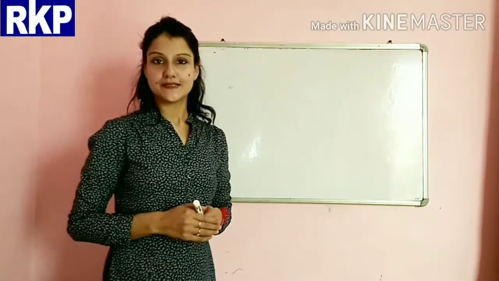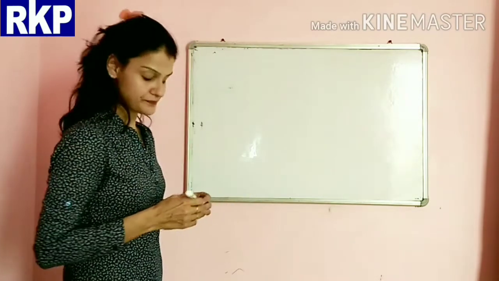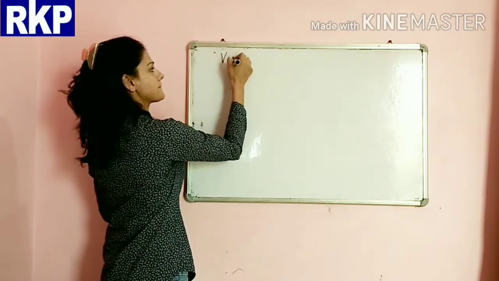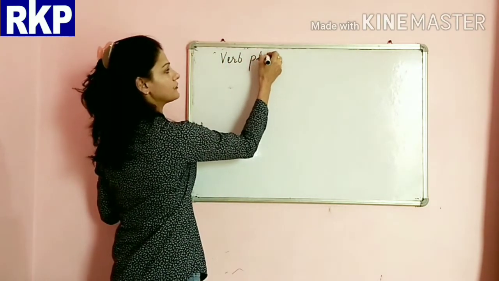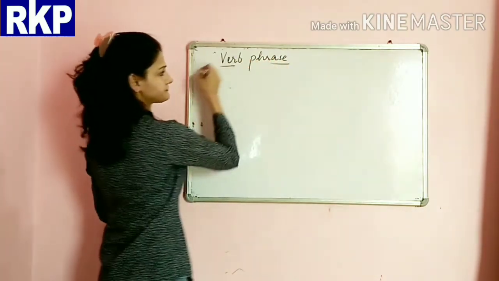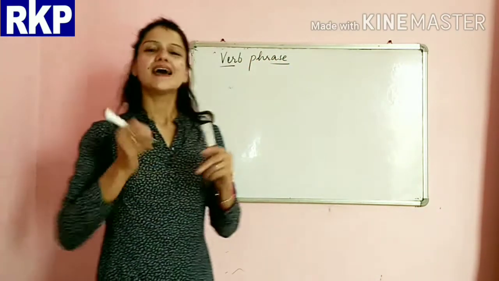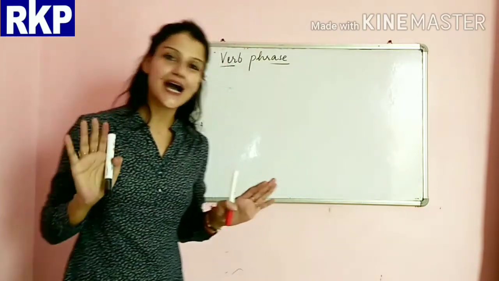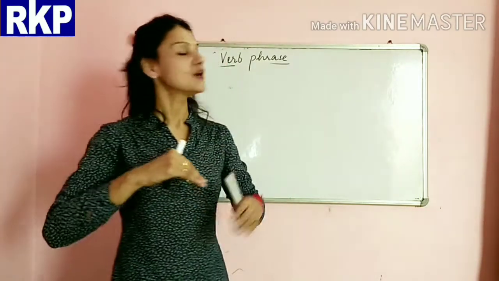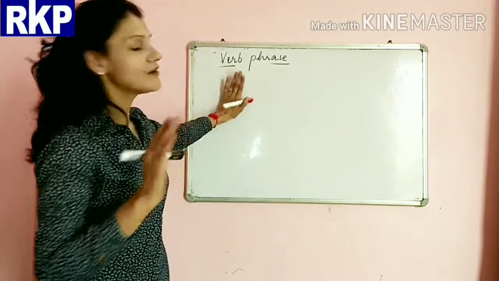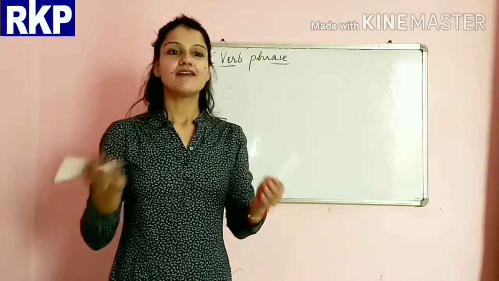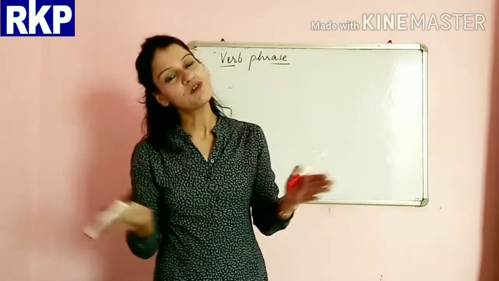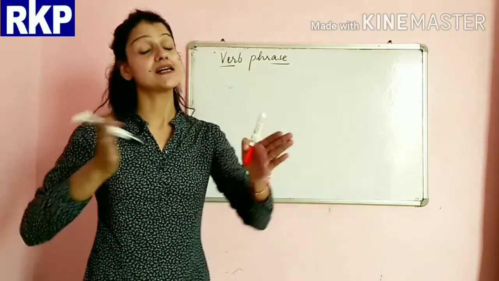a verb phrase. Beta, by now you must have got the idea what a verb phrase is. When we talked about noun phrase, it is a group of words which act as a noun.